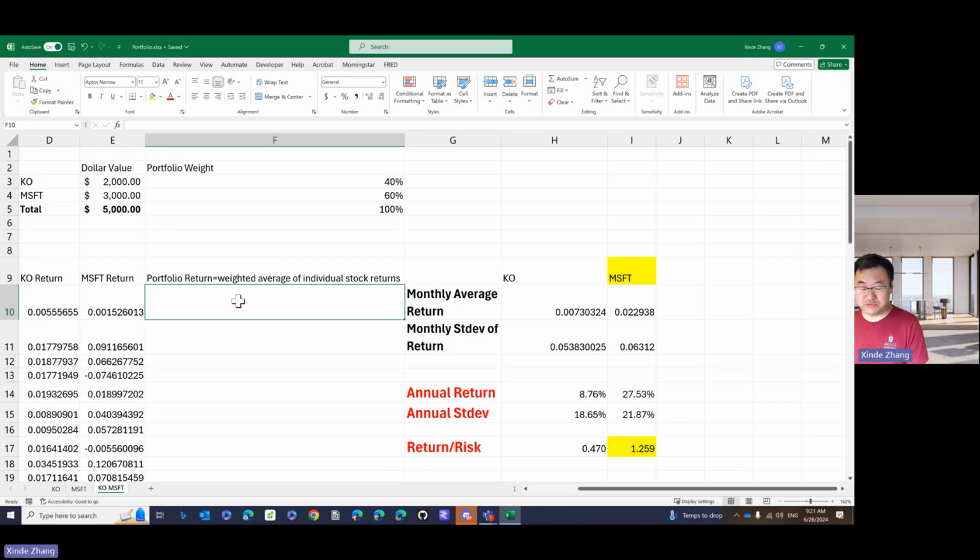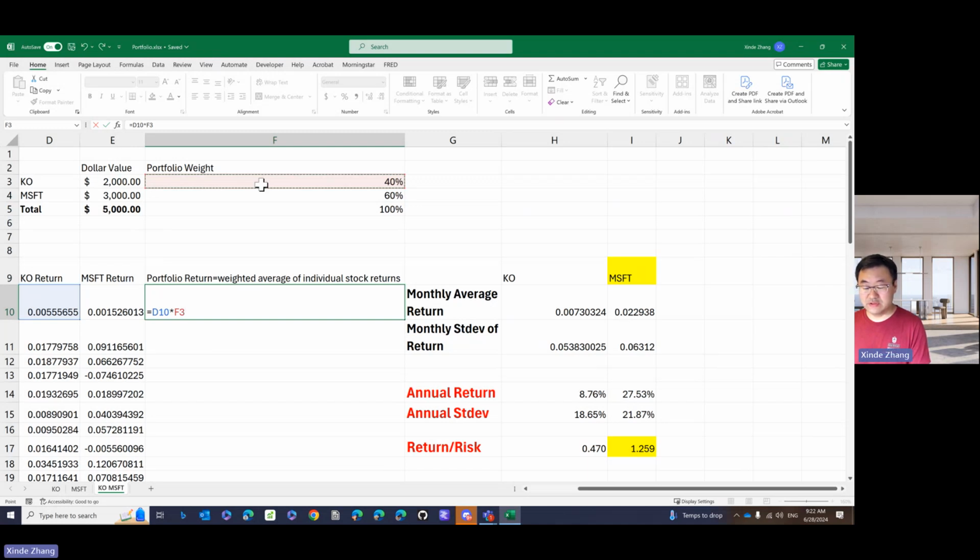I'll start to put in the formula. Go to the formula bar here. I say equal the first stock, Coca-Cola, return times the weight of the first stock, Coca-Cola weight.